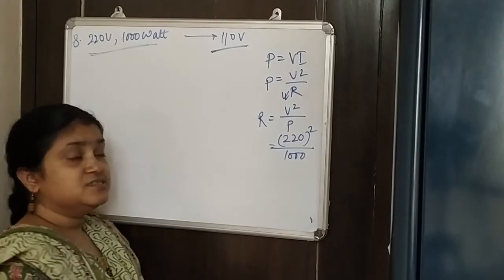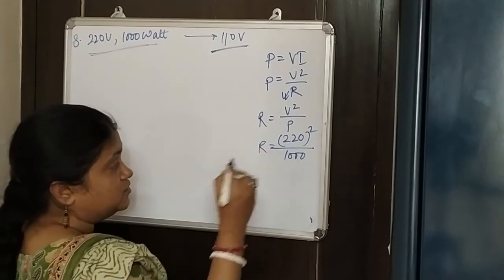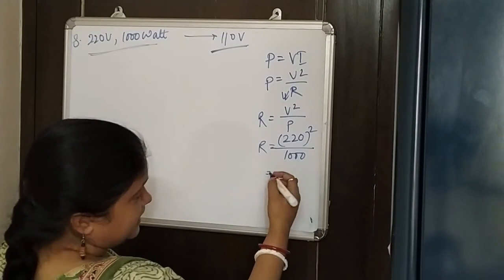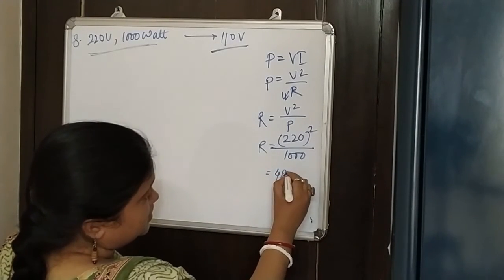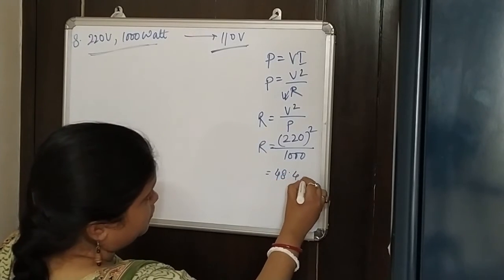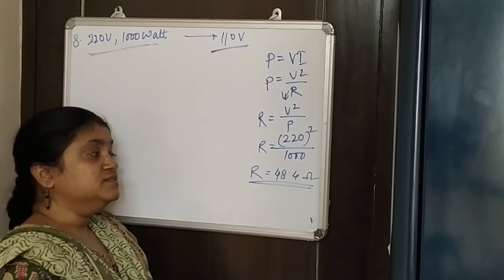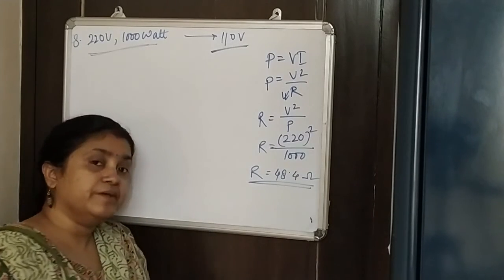So this is the resistance of the particular bulb. When we substitute and calculate this, we will get a resistance of 48.4 ohm. So this is the resistance of this particular bulb.